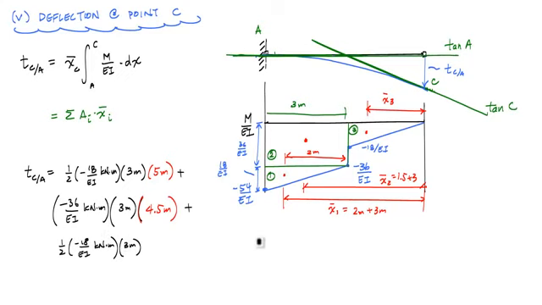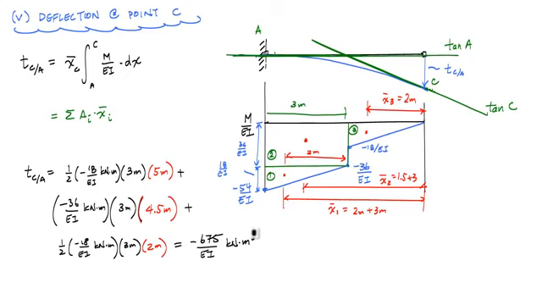And then the distance from point C to the centroid of that area, which is 2/3 from the skinny side, or the thin side, which is 2/3 times 3, is 2 meters. And now I just add all this up right here, and this becomes negative 675 over EI kilonewton meter cubed.